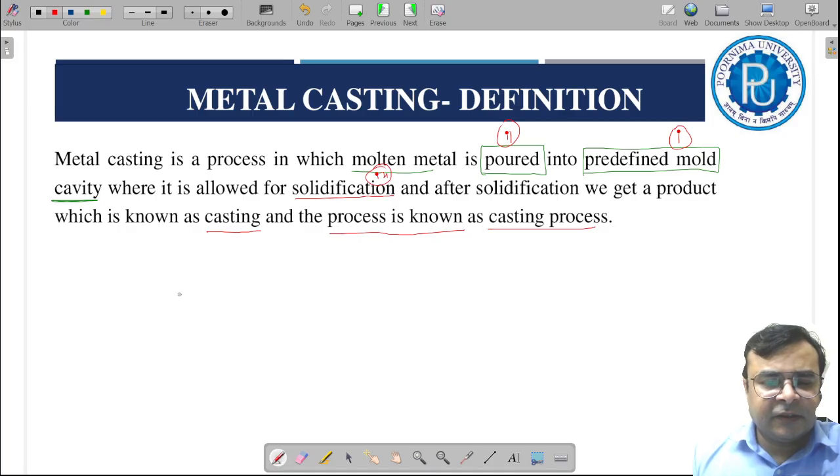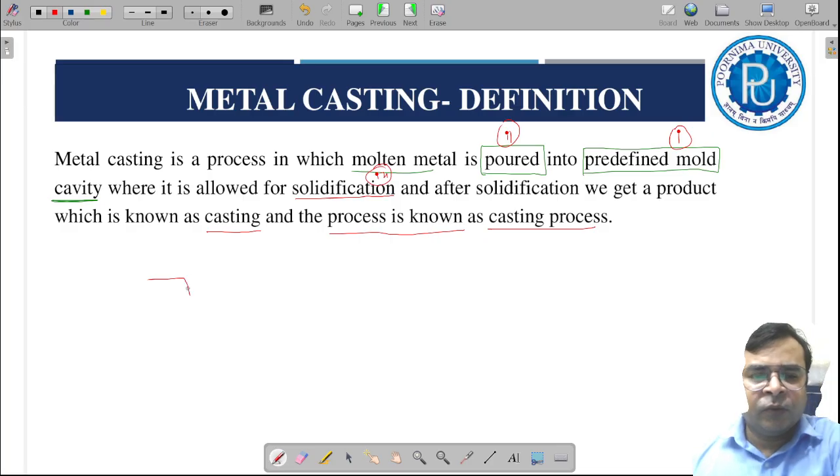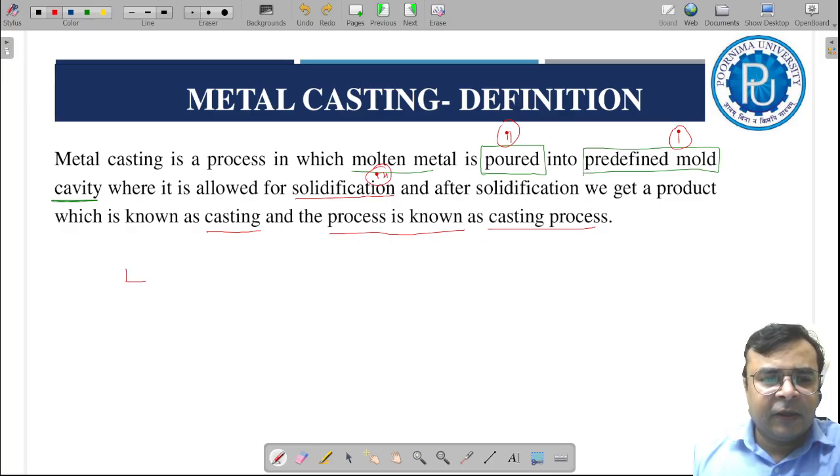So simply, here is how we make a product with the help of metal casting. Initially, we need to make a mold cavity like this. Here I am representing a 2D figure. You can see the basic elements and steps in metal casting, especially the sand casting process. This is a pouring basin, this is a sprue, and after that we have a runner. This is a runner, and this is a mold cavity.